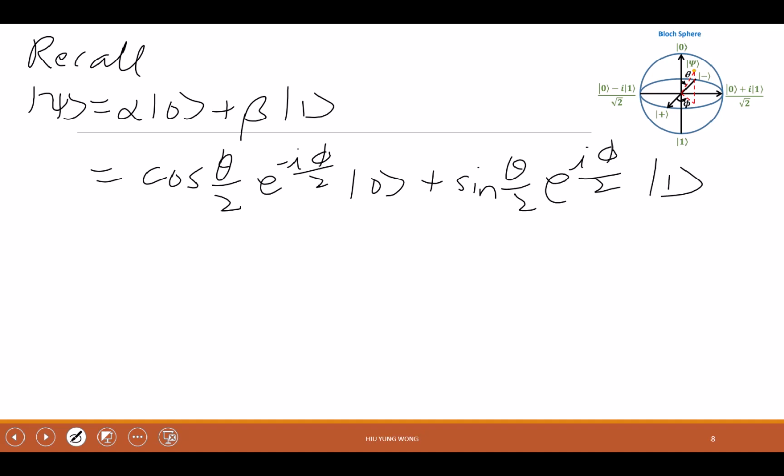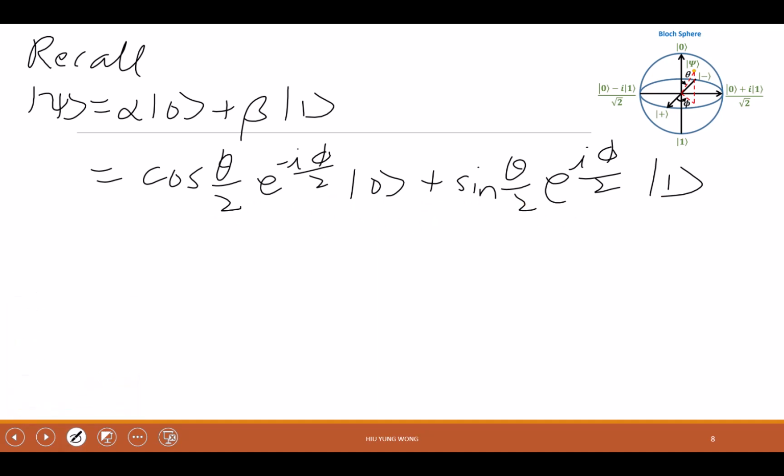Remember this? Yeah? So we already talked about this before, right? This was the state. This is how we represent it.